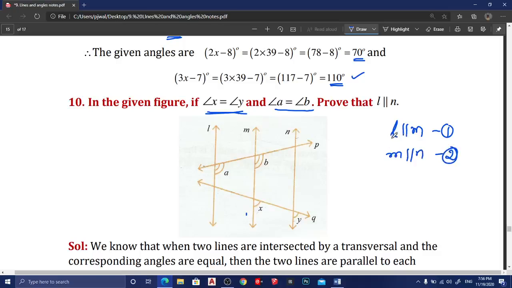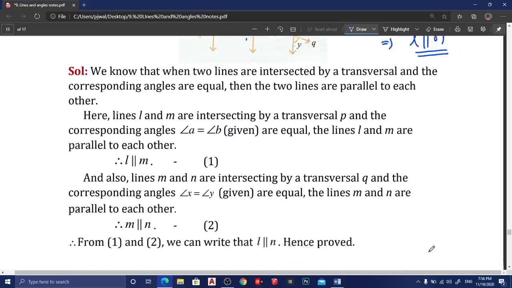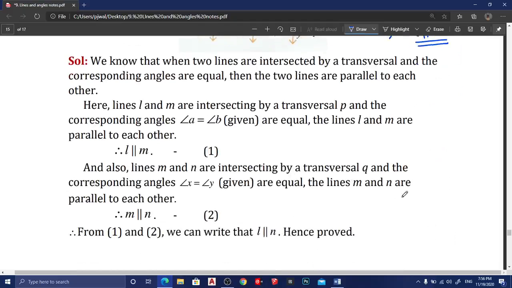By using statement 1 and statement 2, you can write that L is parallel to M is parallel to N. Since L is parallel to M and M is parallel to N, you can write that this implies L is parallel to N also. The same steps you can write.